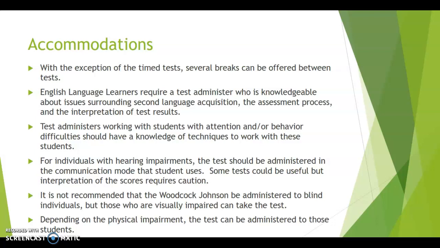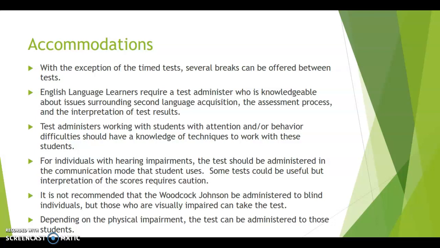Those who have hearing impairments can be administered the test through the mode of communication that they use. And it is important, just like with any of the results of the Woodcock-Johnson, but especially when you're working with individuals who do need an accommodation, such as hearing impaired students, that you should be careful when you're interpreting those results.